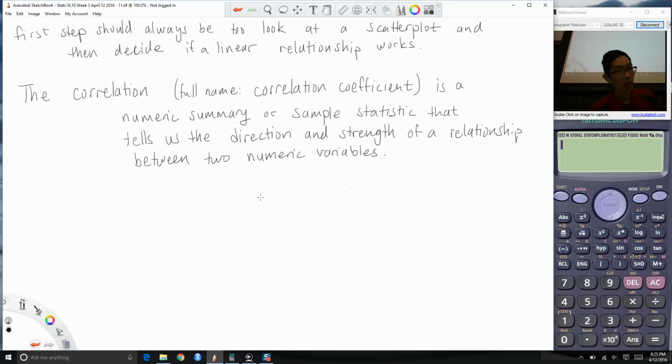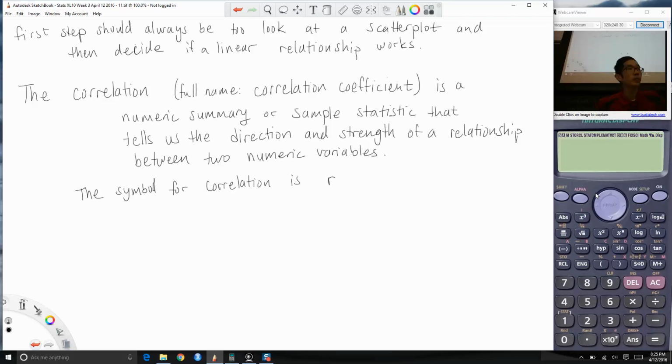Okay, and the symbol for correlation is the letter R. Okay, R like relationship.